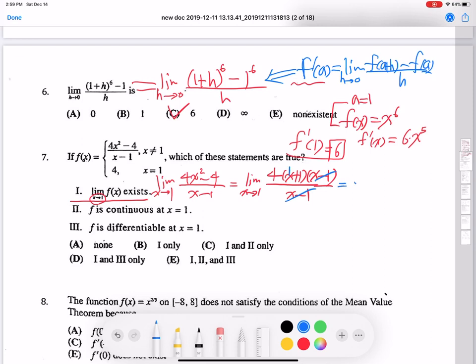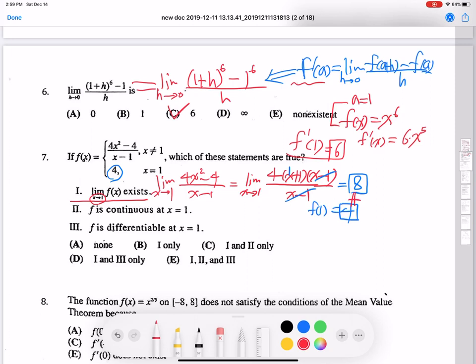That result is going to be 8, which means the limit exists, but it is not continuous at x equals 1, because at x equals 1 the function value is what? 4. F of 1 is 4. But these two values are not equal to each other.